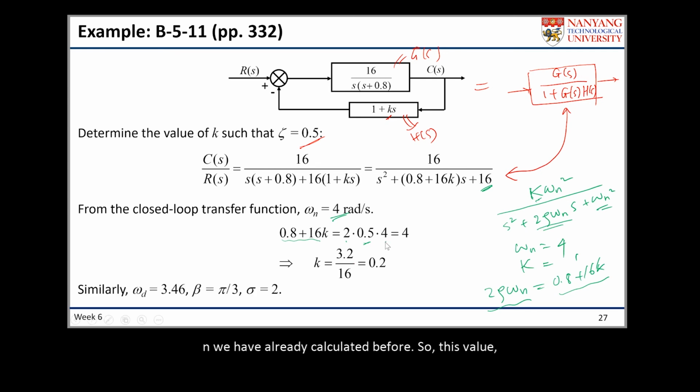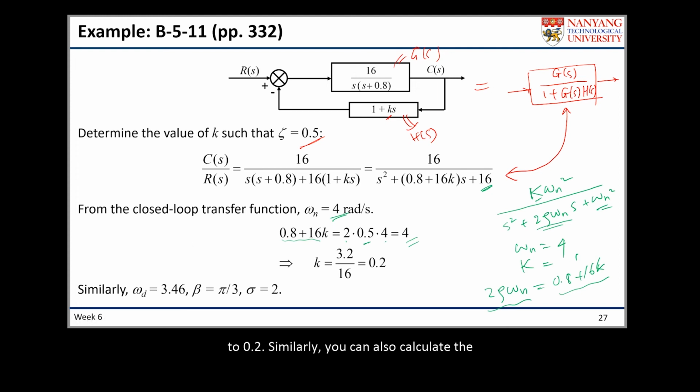Omega n we have already calculated before. So this value 0.8 plus 16k should be equal to 4. From there you can identify the desired lowercase k here. By evaluating that equation, you can find that k should be equal to 0.2. Okay.